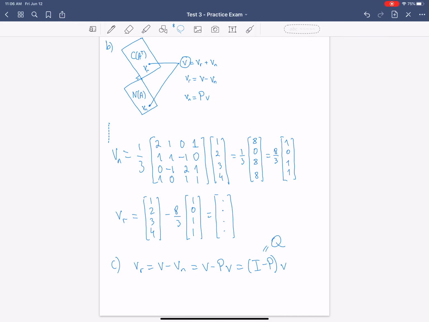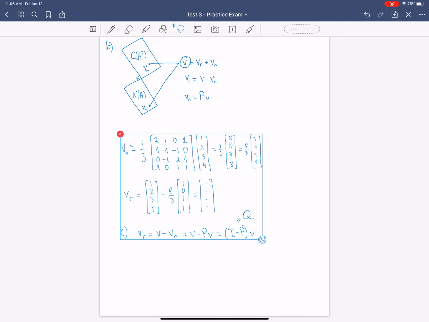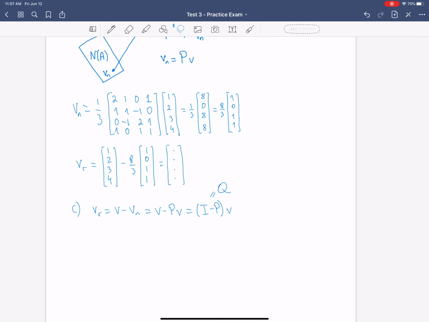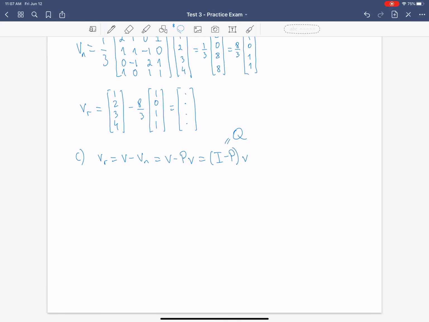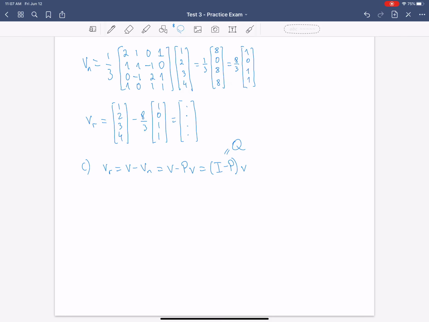I do need more space here, so I am going to resize this to something more appropriate. There we go. And now we can just write what Q is. We already did.